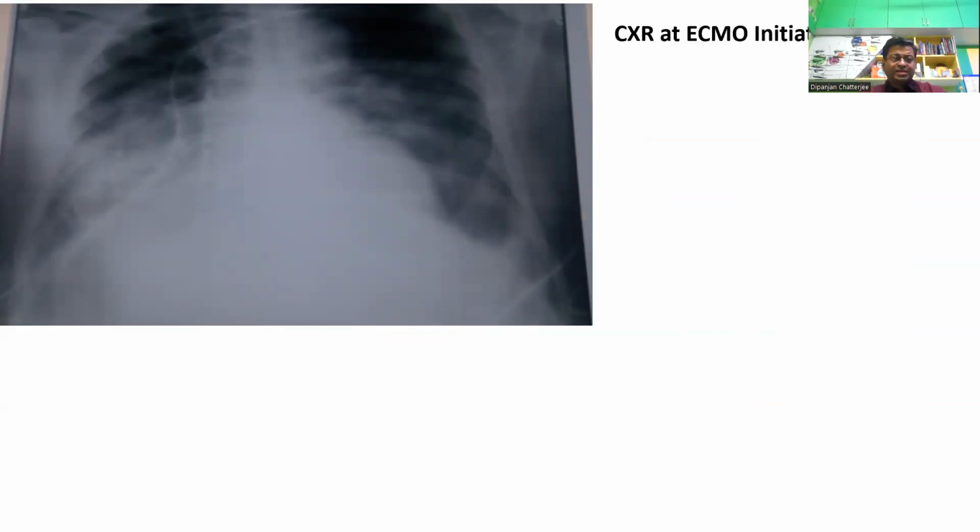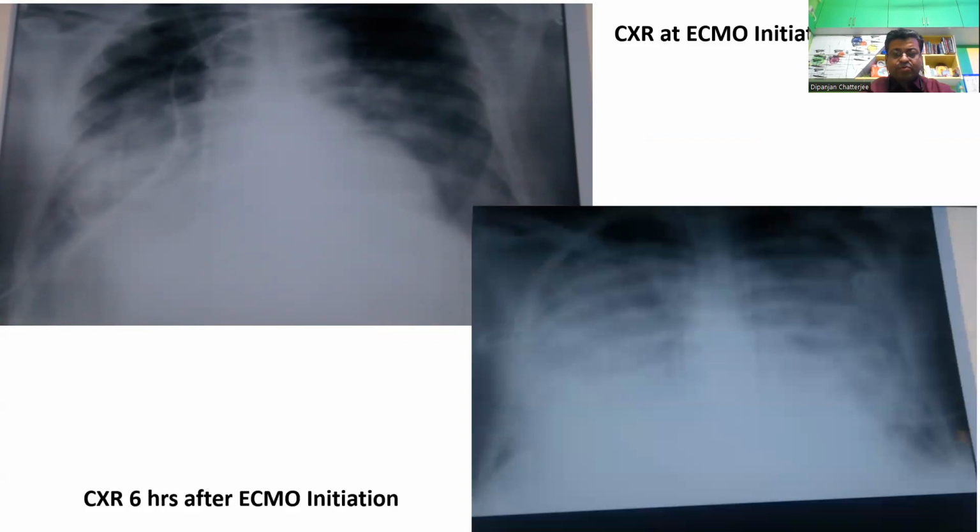So if this is the X-ray at the time of putting the patient on ECMO, if after 6 hours you have froth in the tube and your lung X-ray is showing increase in pulmonary edema, just think that the patient is having an LV dysfunction, with further increase in LV distension.